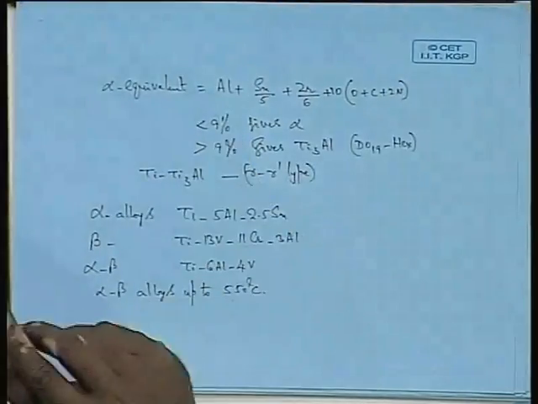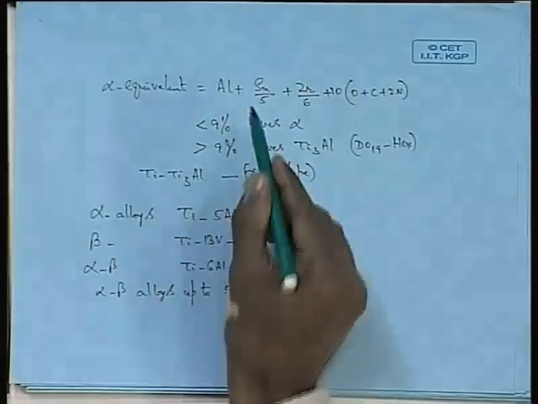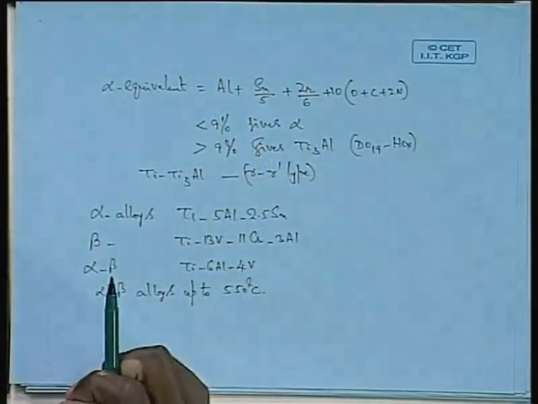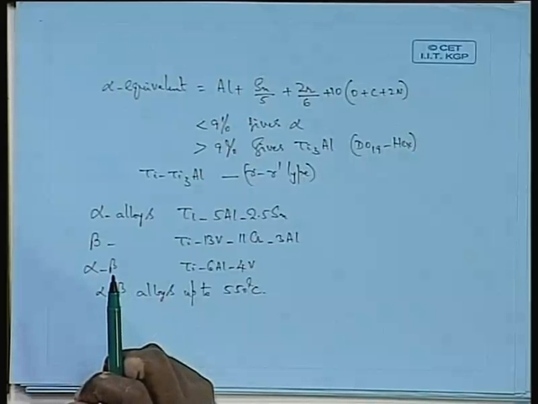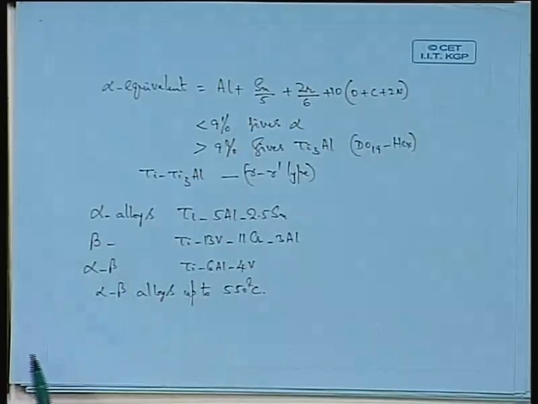One such thing is with alpha stabilizers. When you add too much of alpha stabilizers, for example, there is something called alpha equivalent. If you remember, a similar equivalent we hear in iron carbon alloys, carbon equivalent in case of cast irons.